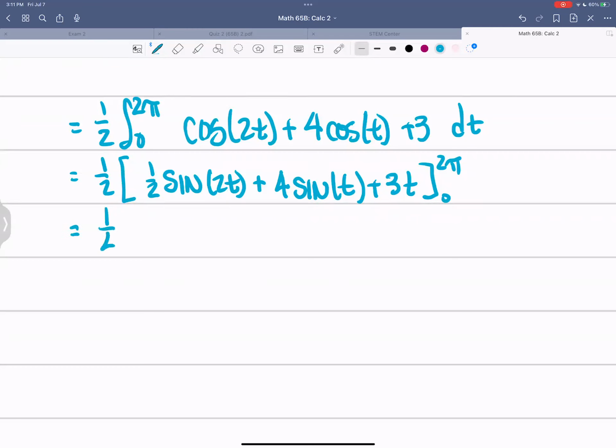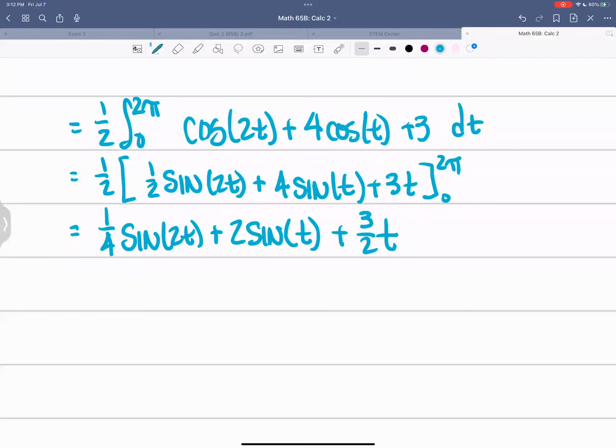Let's do this. 1 over 4 sine of 2t plus 2 sine t plus 3 over 2 t, evaluated from 0 to 2 pi. Let's evaluate.